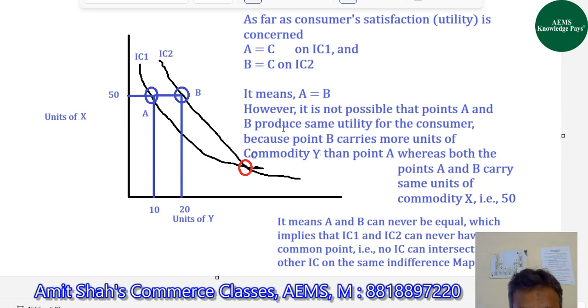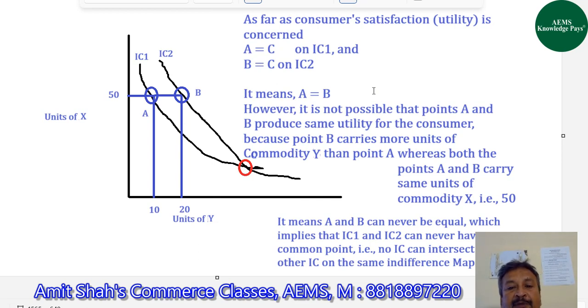So, guys, now make this graph and alongside note down everything as I have done it here. Guys, wait a minute. One more thing I want to ask you here. We have understood that points A and B cannot be equal, right? So, out of point A and point B, which point will give more utility, more satisfaction to the consumer?